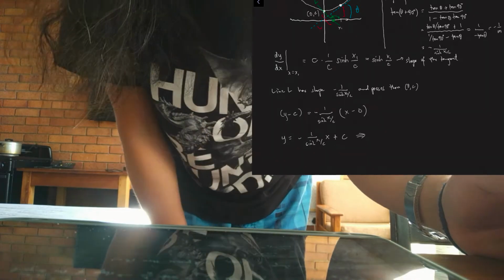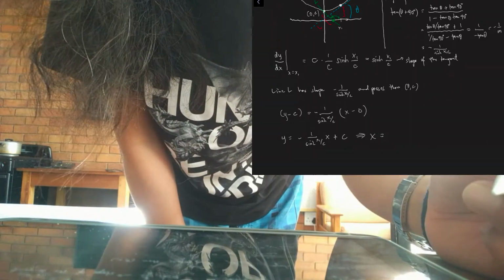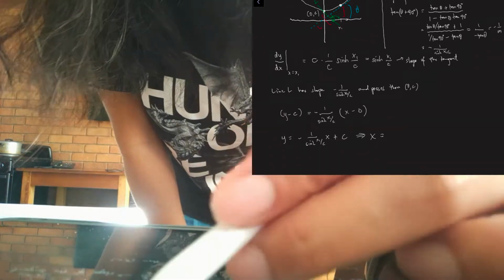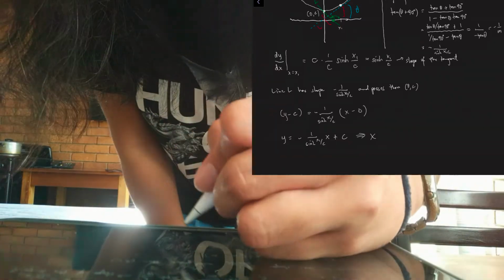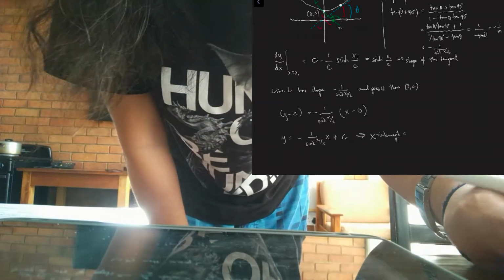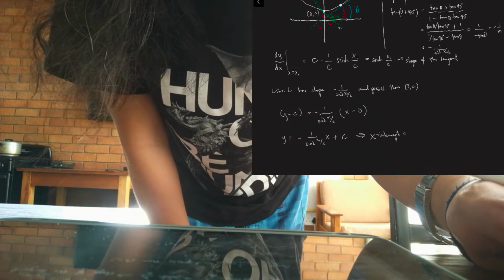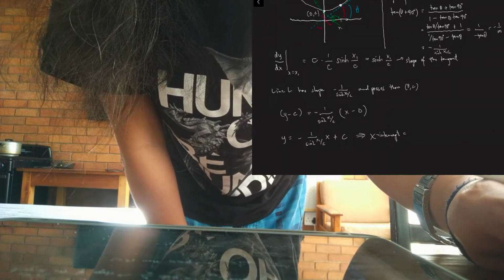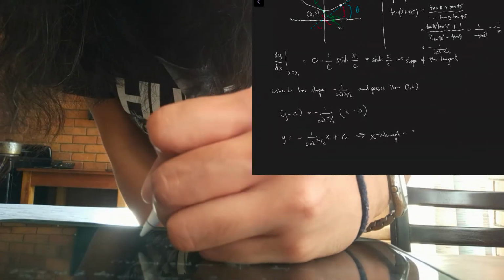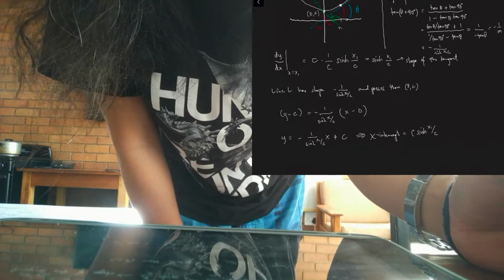Let's write this as x-intercept so that we know this particular x is important. When y is equal to 0, that gives you c sinh x1 over c. Correct?